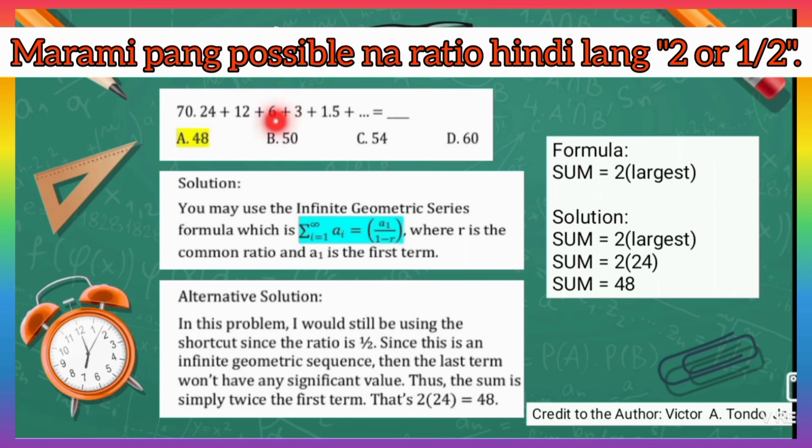Si 6, mag-multiply ka ng 2, magiging 12. Si 12, mag-multiply ka ng 2, magiging 24. Ibig sabihin, yung ratio natin ay 1/2, kasi nag-start tayo sa malaki papunta sa maliit.